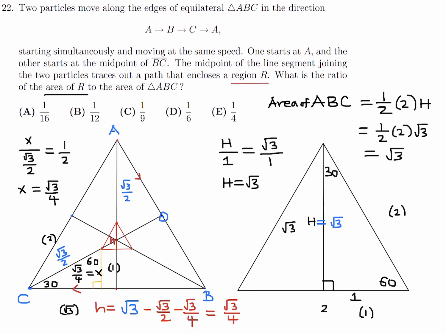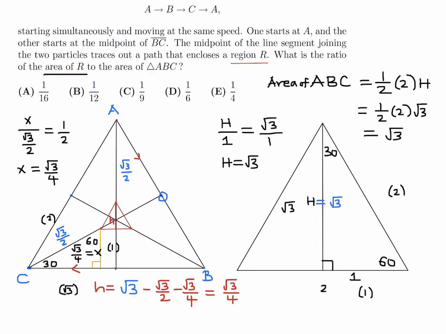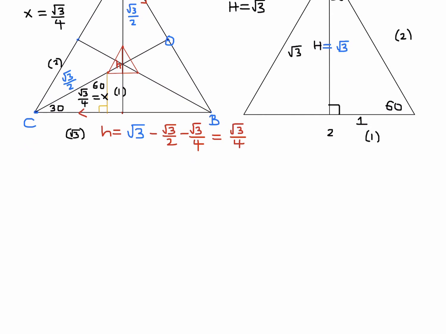To figure out this triangle's area, I've already got the height. I just have to now figure out the base. So I'll draw that triangle again, a little bit separately, because first of all it's too small, and second I don't want to mess up that diagram. So this small region R, I've bloated it up a little bit.